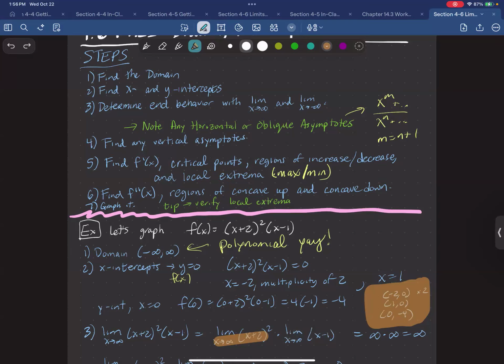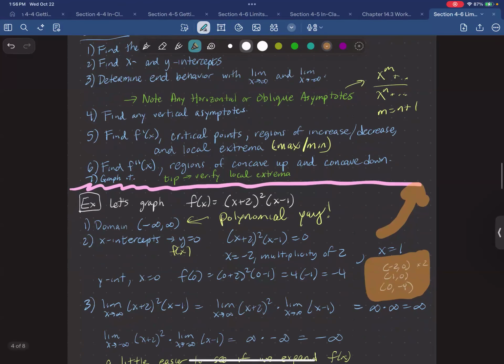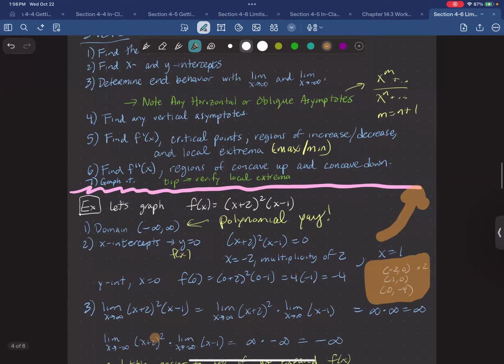When this happens, they're both going to infinity, so we end up with infinity. So it's going up, up, and away to the right. When we do negative infinity, we can split it up. Negative infinity squared would give us positive infinity. But negative infinity not squared is negative, so a negative times a positive is going to give us a negative. So it's going to do some stuff like that there. Okay?